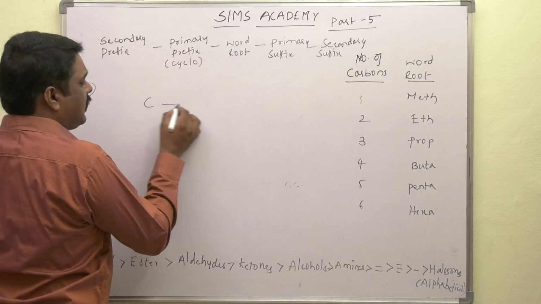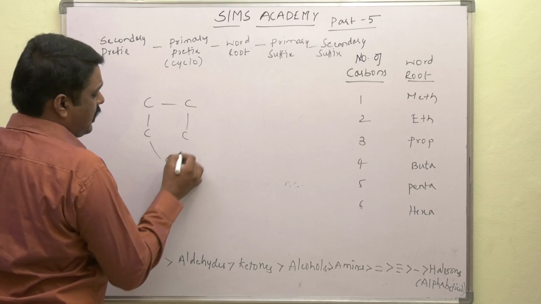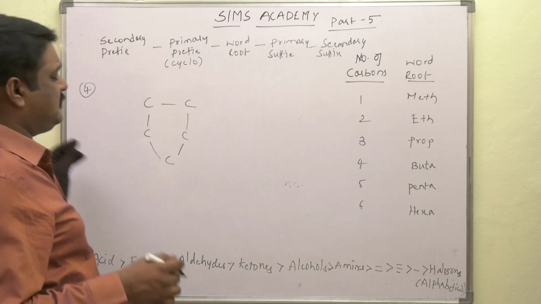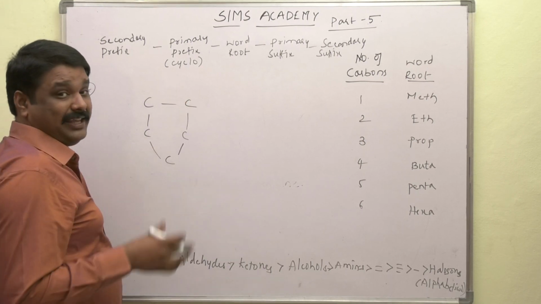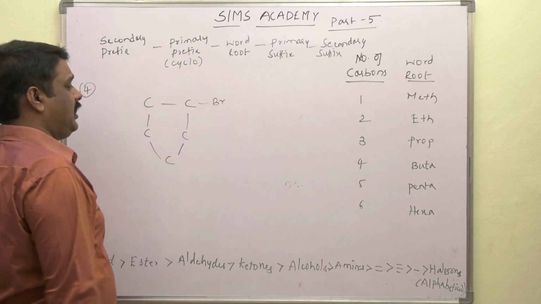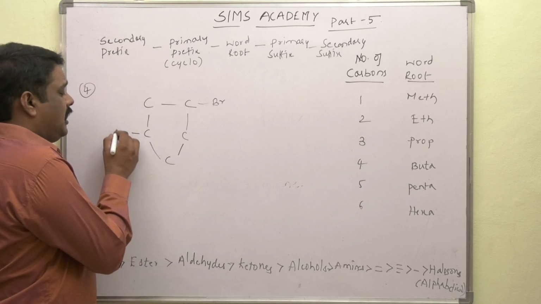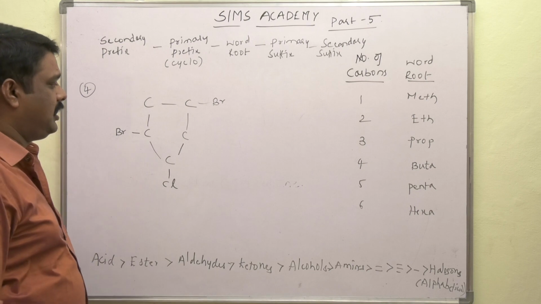We'll take carbon. Feasibility, hence I am taking only 5 here. We have 1 bromine over here, another bromine, and 1 chlorine.